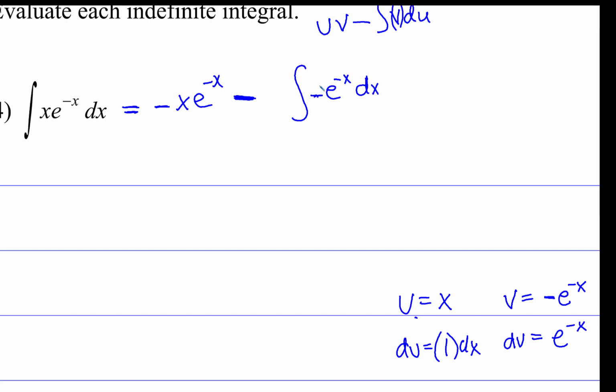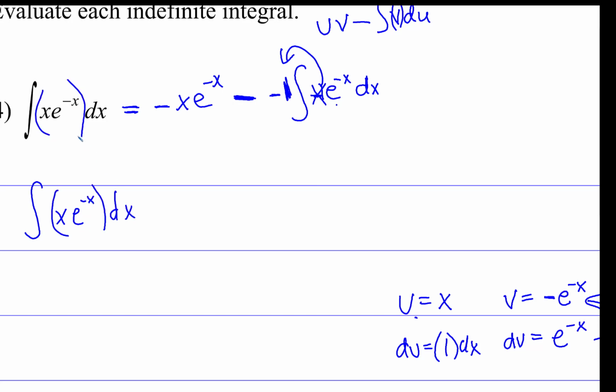Well, that is a -1 right there, so I'm going to extract that -1 and put it there. And then we know what the integral of e to the negative x is. It's right there. So then we can go ahead and simplify, and this will be our final simplification. I might simplify it twice because I might move this to the denominator.